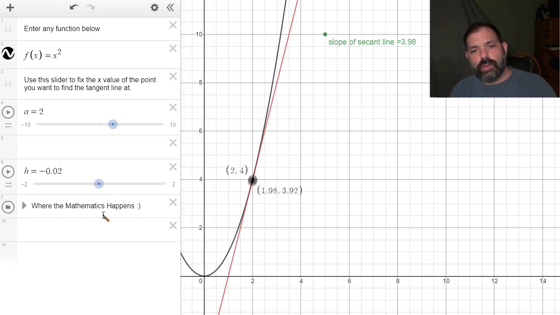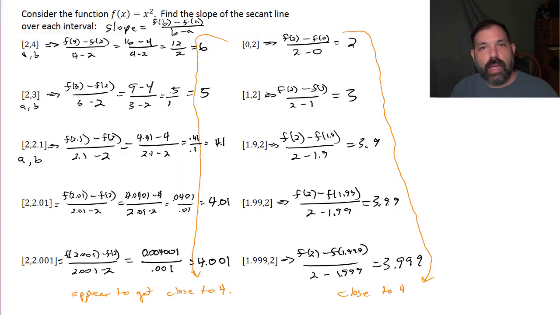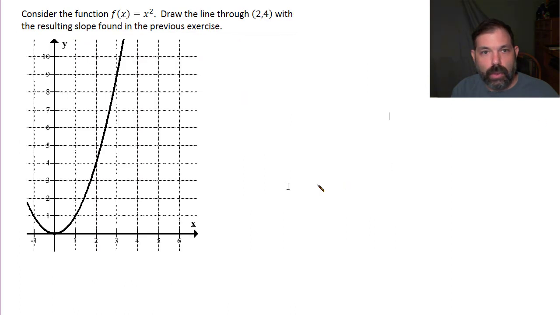Okay. So, it appears, from what we've seen so far, that the slope of the tangent line might be 4. So what we found is the slope of the tangent line appears to be 4.